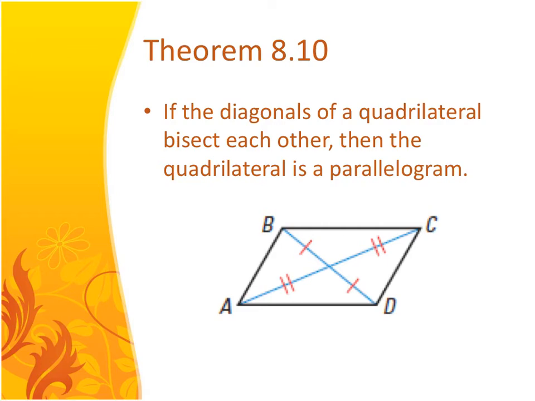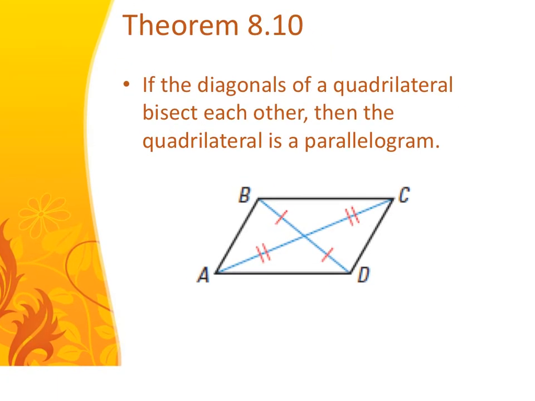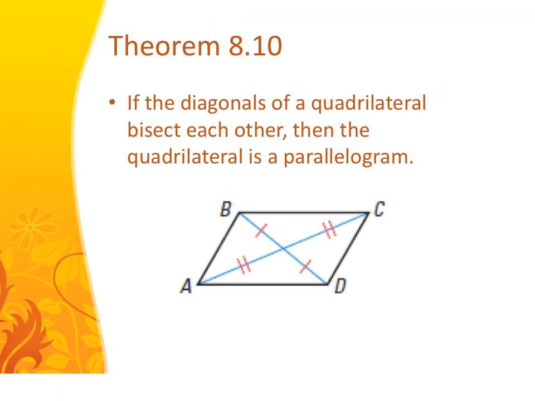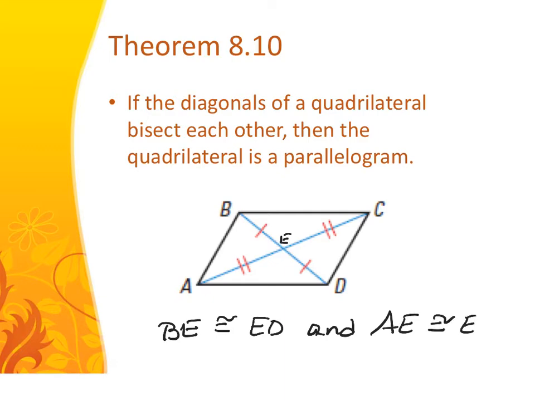Now it's theorem 8.10, and this one states that if the diagonals of a quadrilateral bisect each other, then the quadrilateral is a parallelogram. So you would probably need some kind of given information, whether it's congruency marks, or maybe they would say that BE, and I'm going to add a letter E here, BE is congruent to ED, and the other diagonal, AE is congruent to EC.